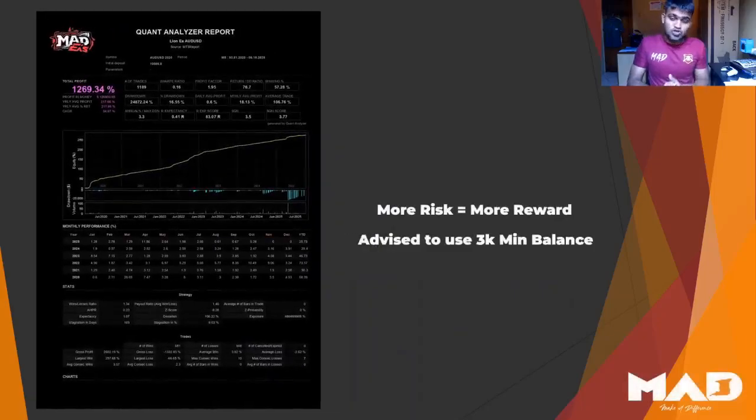This is using the 3K minimum balance. So there are two settings I have, a medium risk and a higher risk. The medium risk uses these settings for every 4,000 in your account, versus every 3K.